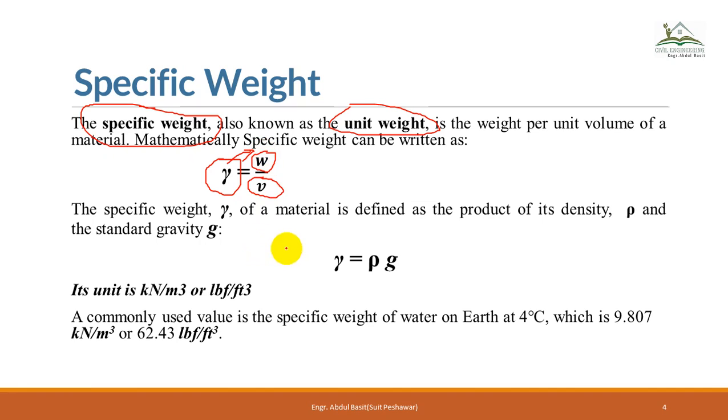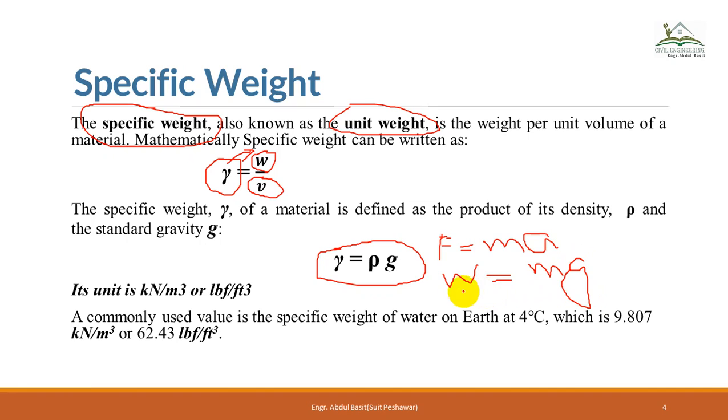In other words, you can say that this unit weight can be equal to rho into g, which is density into gravitational acceleration. This concept is basically taken from Newton's second law of motion, F is equal to ma, where this is mass and this is acceleration. If you take this concept for weight, weight is equal to mg.